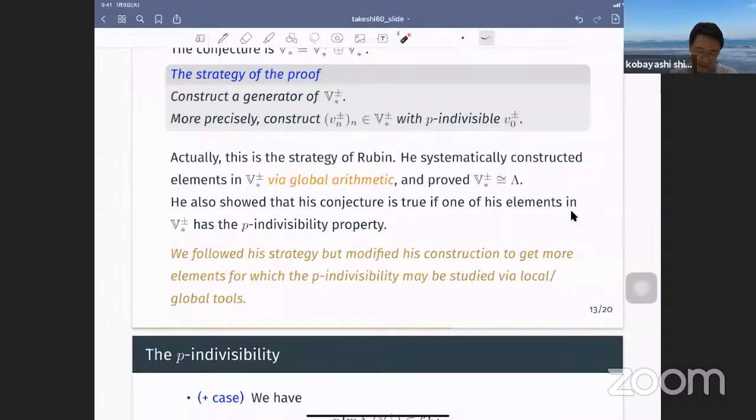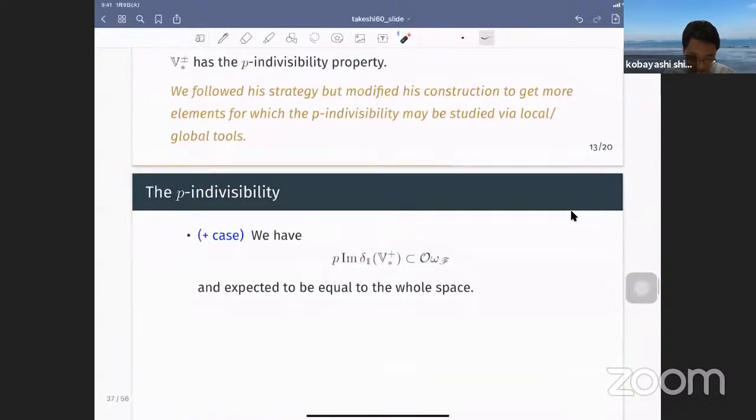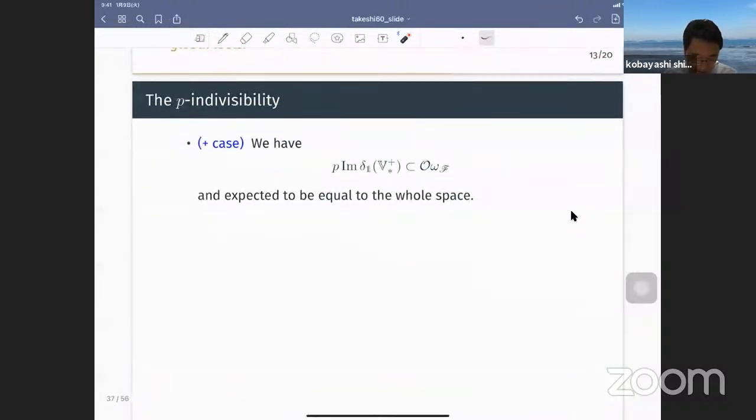And for such global invariants, it is very hard to show a p-indivisibility result in general. So actually, we use some local theory and we define some local objects. Then it is not difficult to show p-indivisibility. And now I explain precisely.